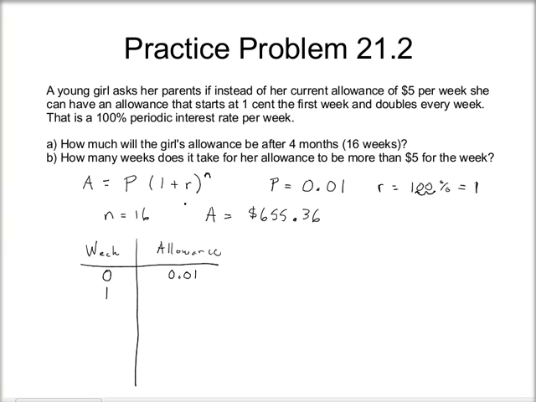After 1 week, now I can go back to my formula here and put a 1 in for n, but I can also just remember that it doubles every week, so I can just multiply her allowance from the last week by 2, so she's going to have 2 cents on week 1.